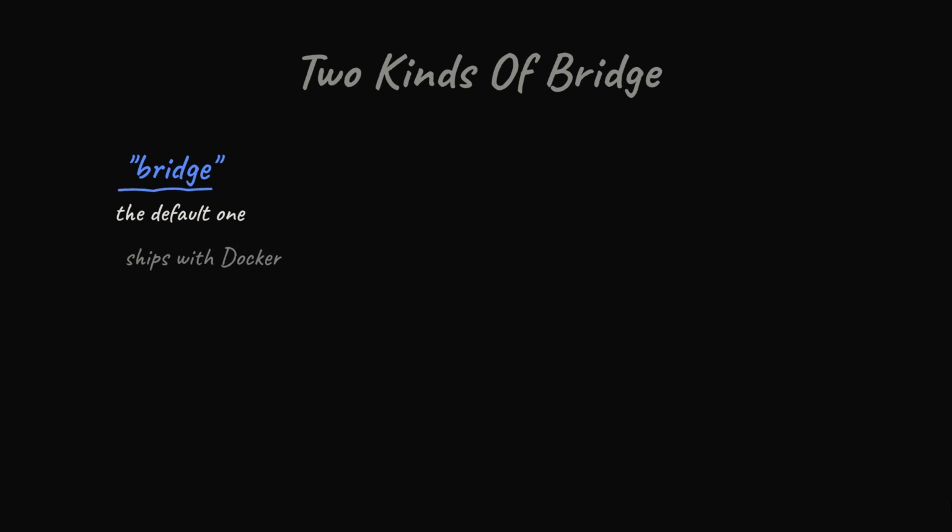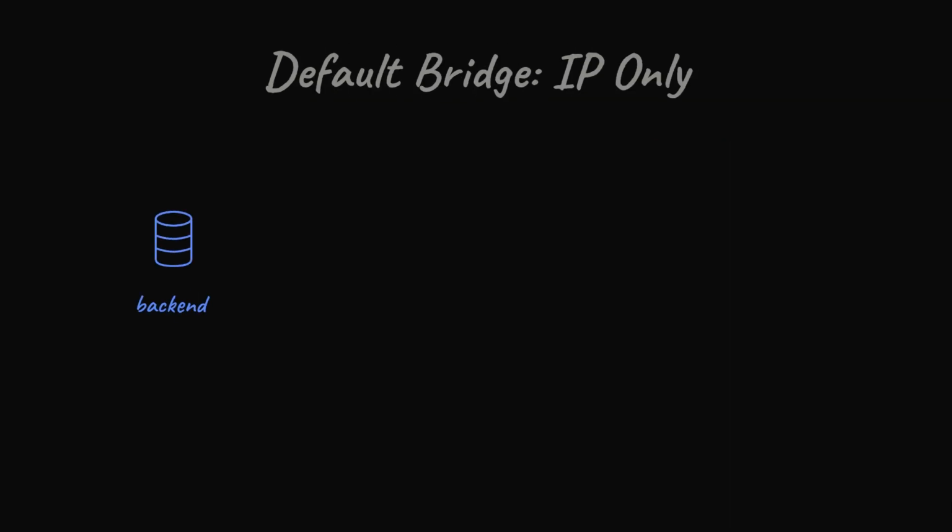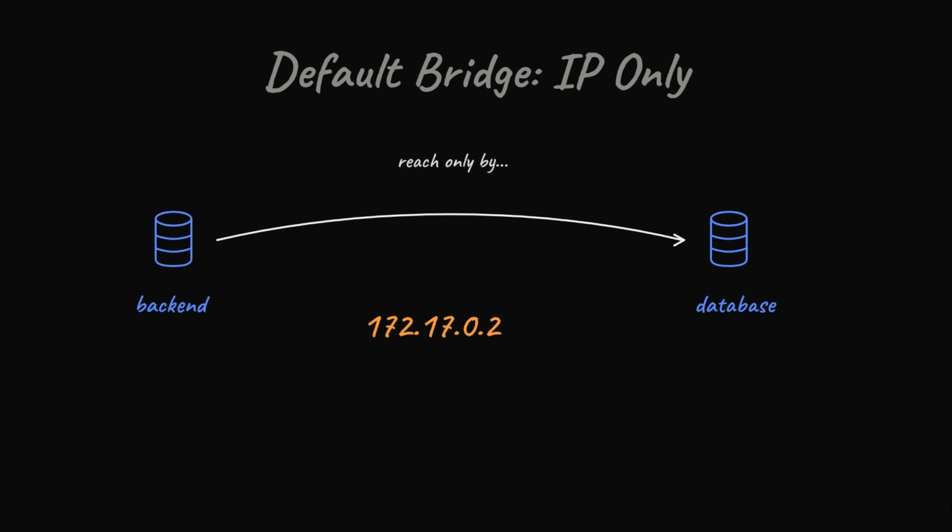Docker actually ships two kinds of bridge networks. There's the default one, literally named bridge, and there's what's called a user-defined bridge, which you create yourself with a simple command. The default bridge does not give you automatic name resolution between containers. So if you have two containers on the default bridge, they can only reach each other by IP address, not by container name.